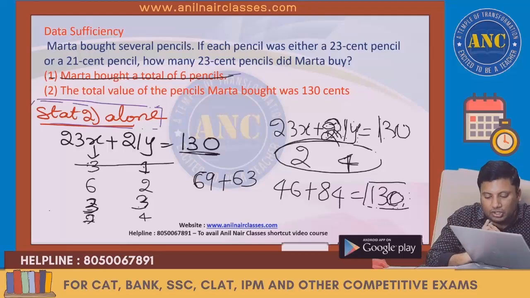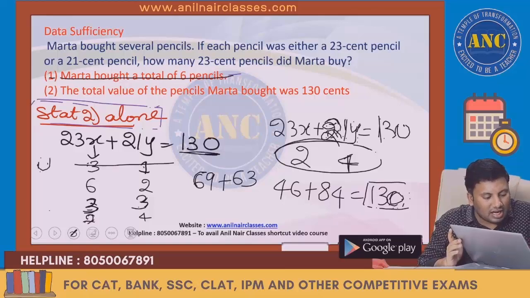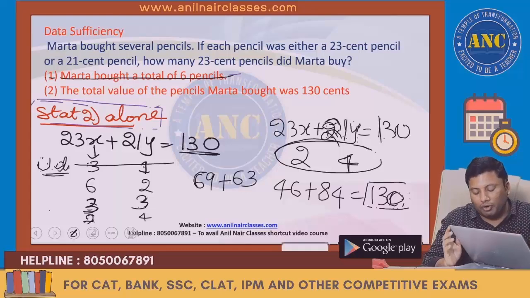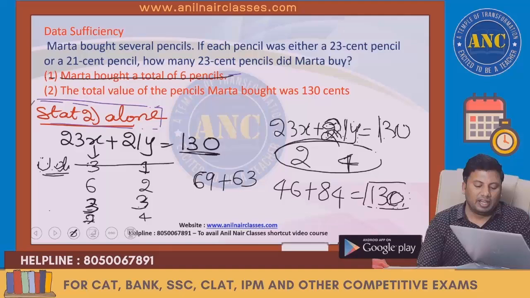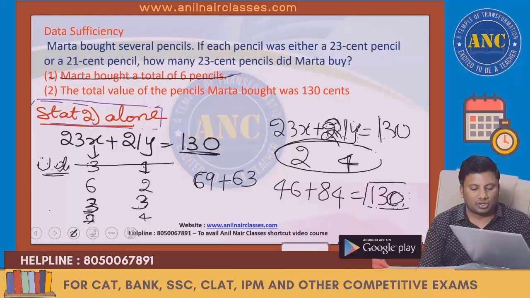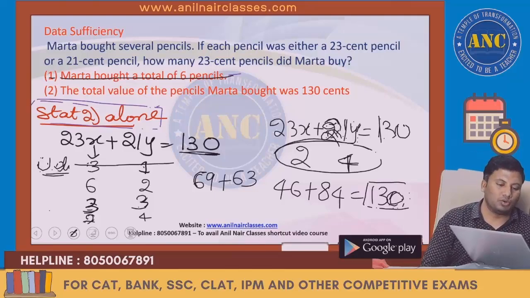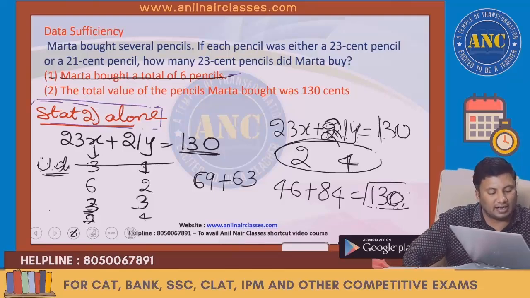I just substituted unit digits. 1 four is 4, 3 twos are 6, 46 plus 84 is 130. So the answer is 2 and 4. How many 23-cent pencils did he purchase? 2. I hope this idea is clear.